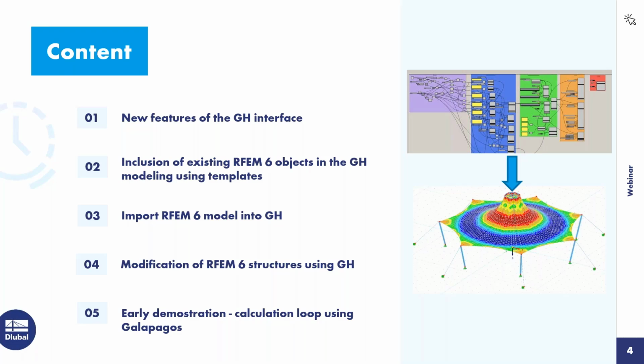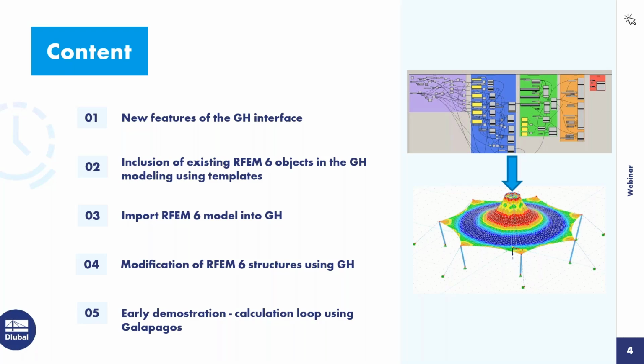So let us take a look at the scheduled sections. First, I would like to start off with an update of the latest implementations we developed since last year's webinar on Grasshopper/Rhino. Then I would like to show how you can use existing objects from RFEM when exporting from Grasshopper to RFEM.